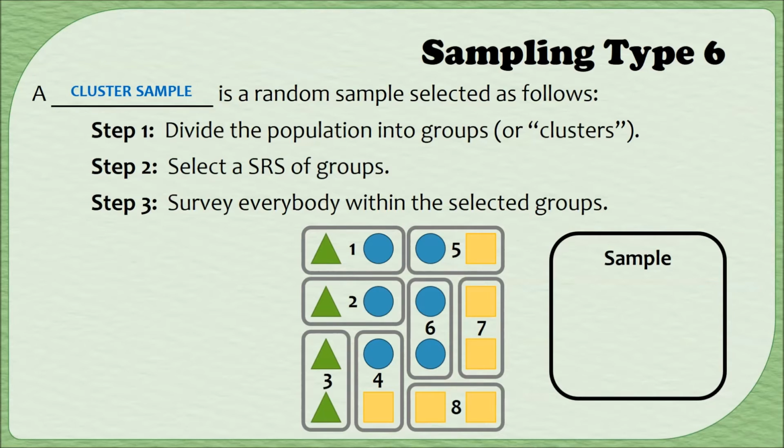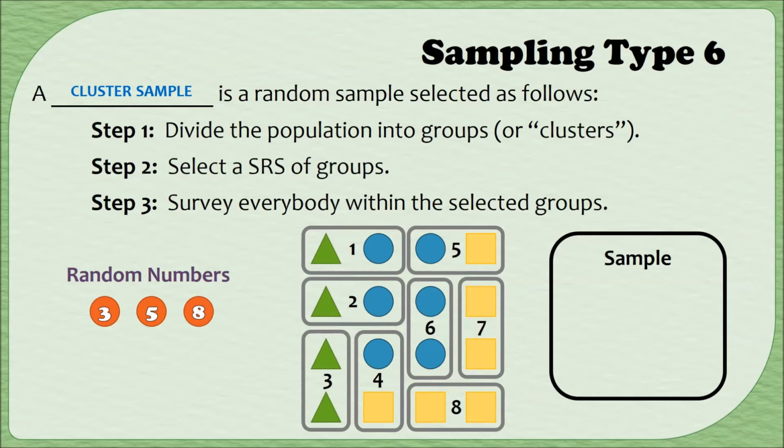Even though we have 16 individuals, I only use the numbers 1 through 8 because I'm finding a simple random sample of groups, not of individuals. In this illustration, I'm going to find a simple random sample of 3 groups, and I used my calculator to find 3 random numbers between 1 and 8. The 3 random numbers my calculator gave me were 3, 5, and 8.